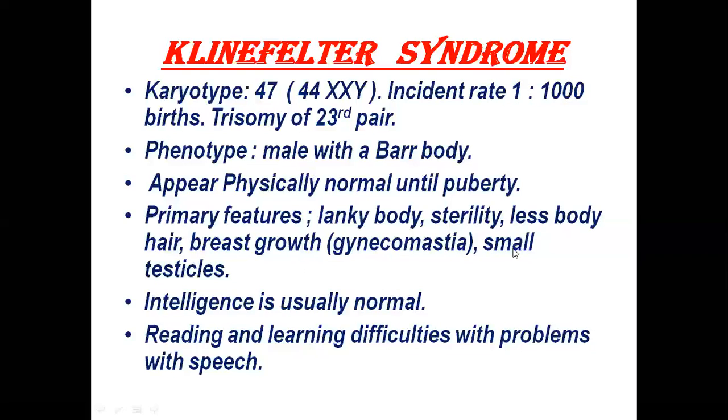Then small testicles we can notice. Testicular size is very small. Intelligence is usually normal, but reading and learning difficulties, with problems with speech, are normally observed in Klinefelter syndrome males.